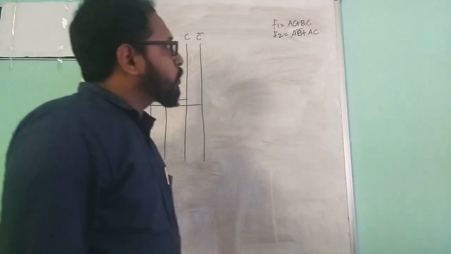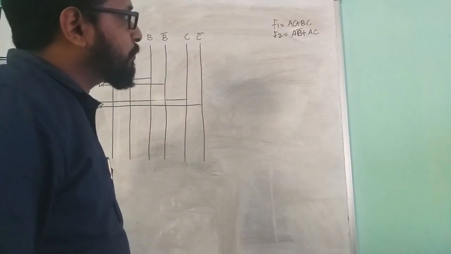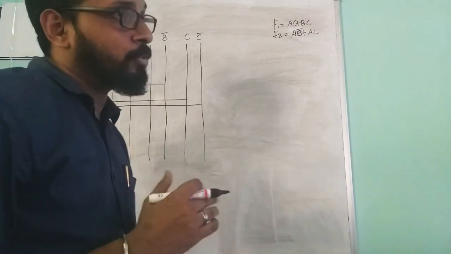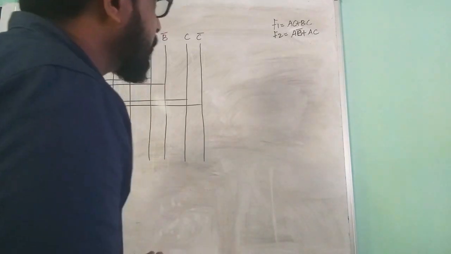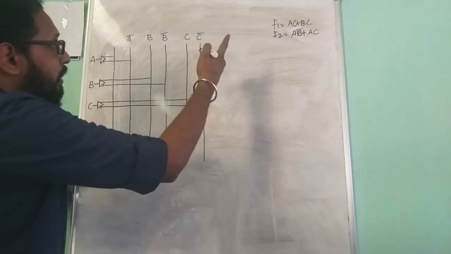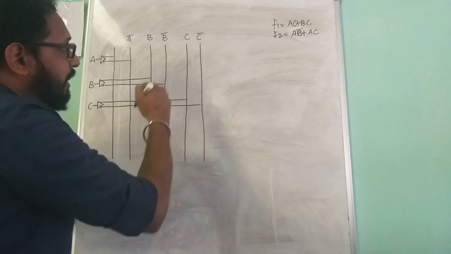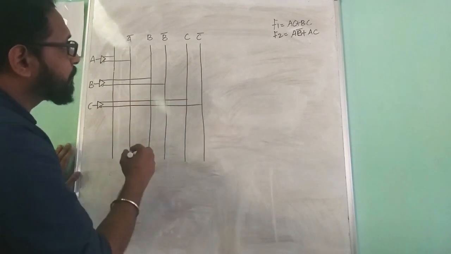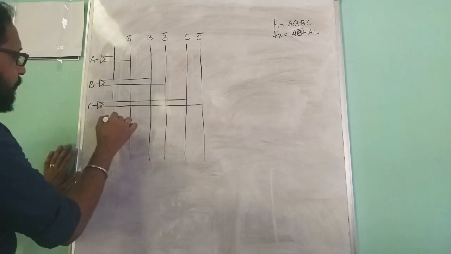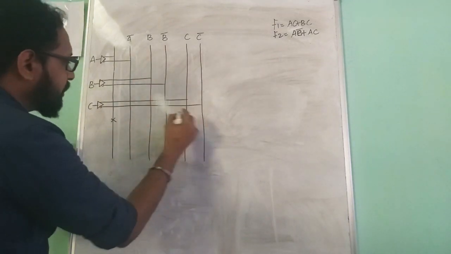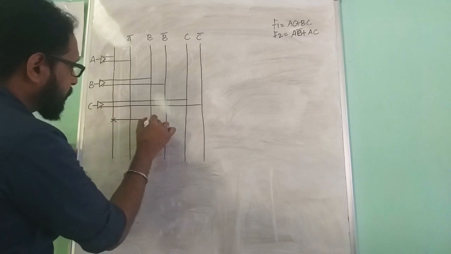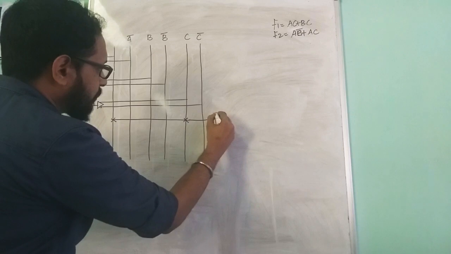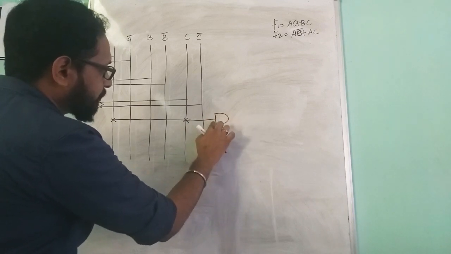So we need to find expressions for first of all F1 and F2, right? We need to find such expressions. So what is AC? Where is A? We have A, we have C. We form an AND gate.